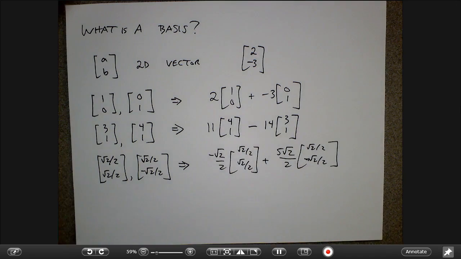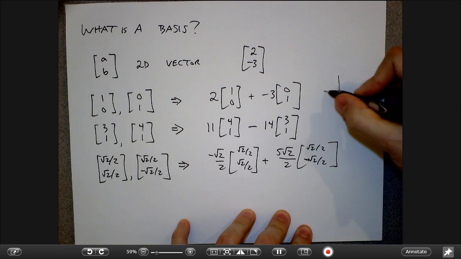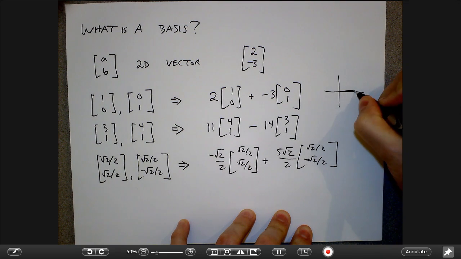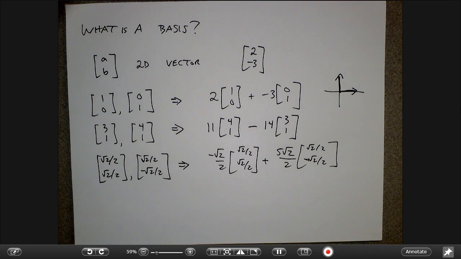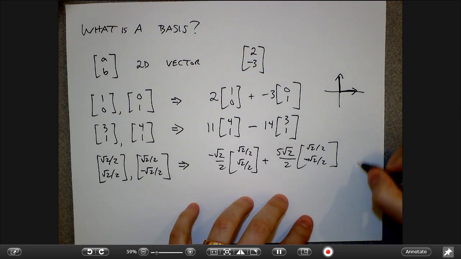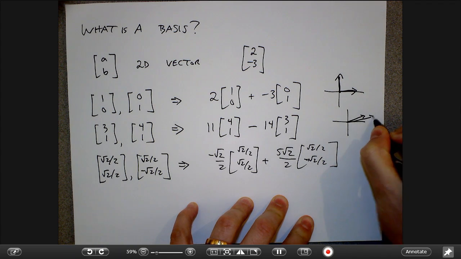One way to think about this is that a basis is represented by a set of vectors in that space. So, for example, in this case, my basis vectors are unit vectors that are pointed to the right and up. In this case, my basis looks a little bit different. I've got one vector like this and one vector like that.